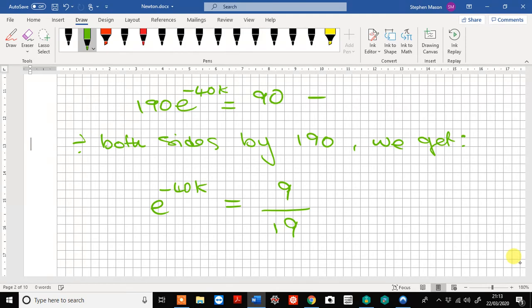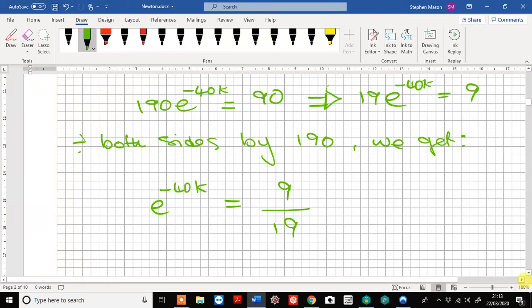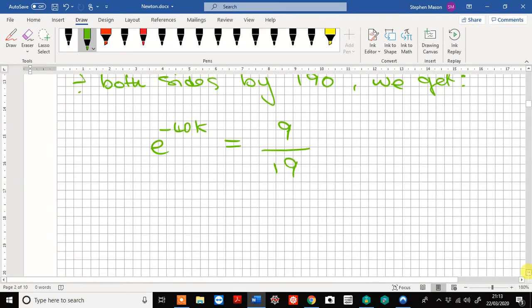Basically, let me just write this a little more neatly. I've just divided both sides by 10 to get 19 e to the minus 40k equals 9 there, and that leads us to this. E to the minus 40k equals 9 over 19.